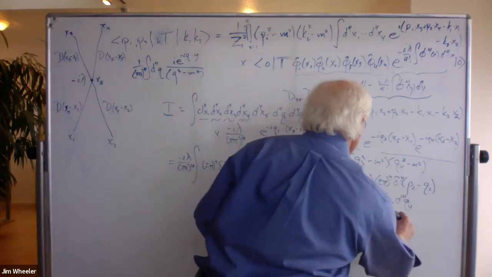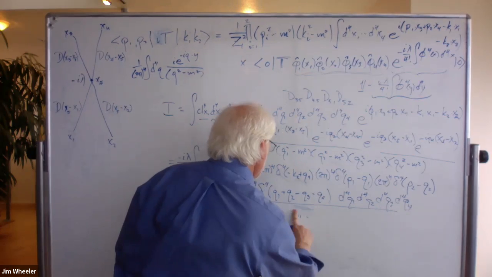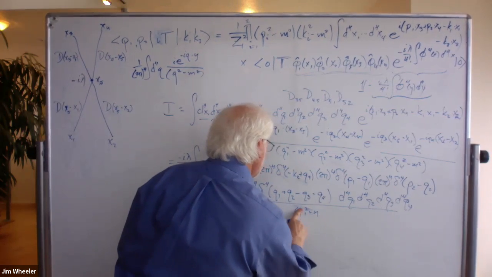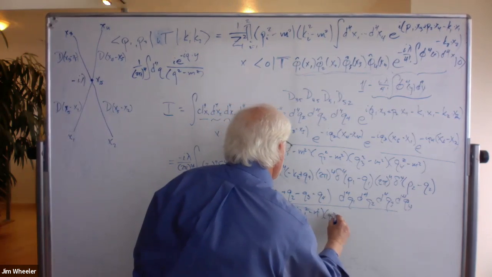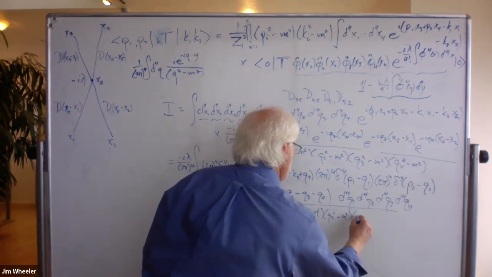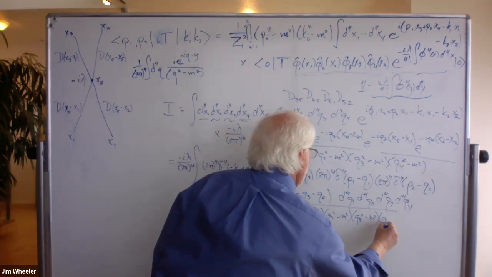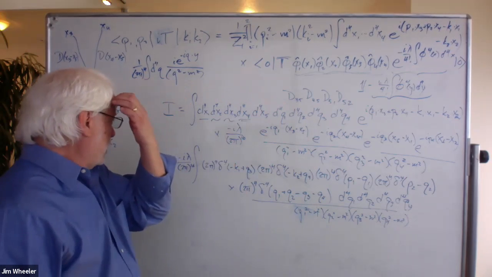So this is the product of the q1 squared minus m squared, q2 squared minus m squared, q3 squared minus m squared, q4 squared minus m squared. Like that.